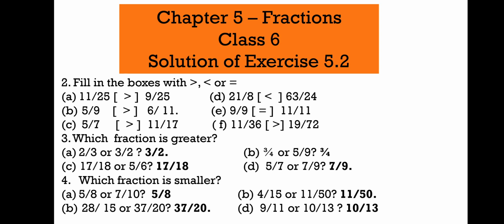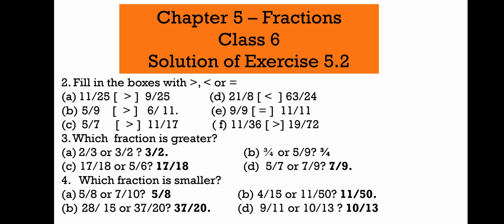28 upon 15 and 37 upon 20. 20 into 28 gives you 560, and 15 into 37 gives you 15 7s are 105, 15 3s are 45 plus 10, 555, and 20 into 28 is 560.